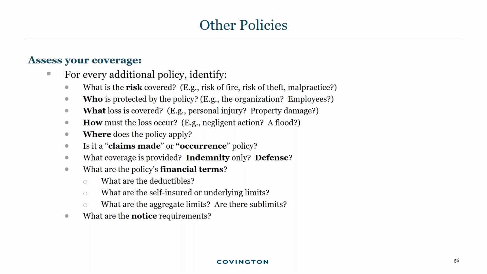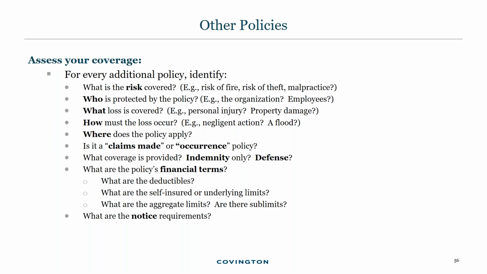Quickly, liability policies generally fall into two categories: a claims made or an occurrence basis. Claims made means that the claim has to be asserted during the policy period and usually also reported during the policy period or within a specified number of days after the policy. For example, 90 days is fairly typical.